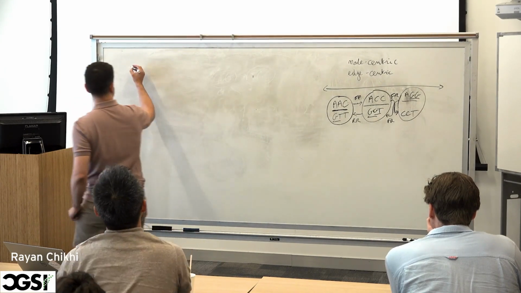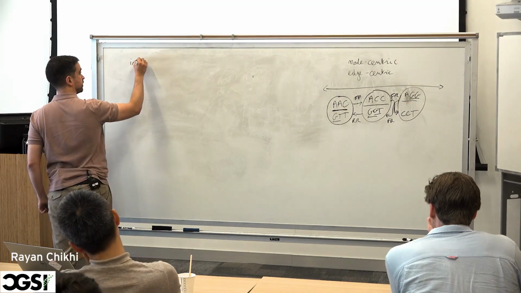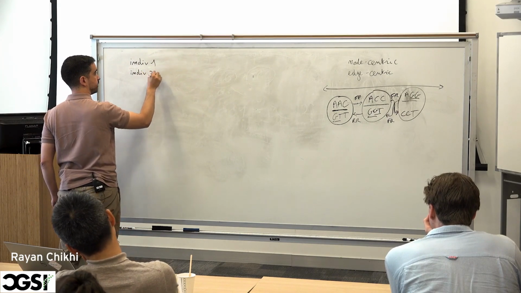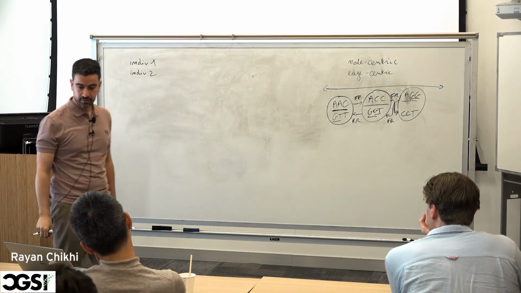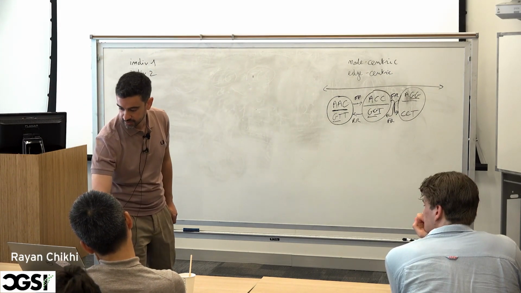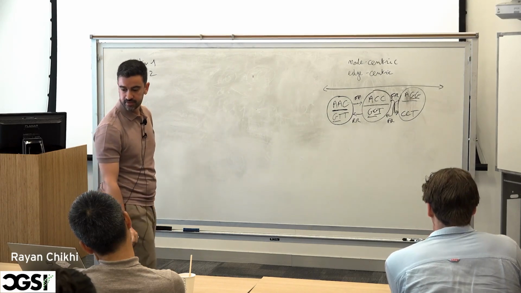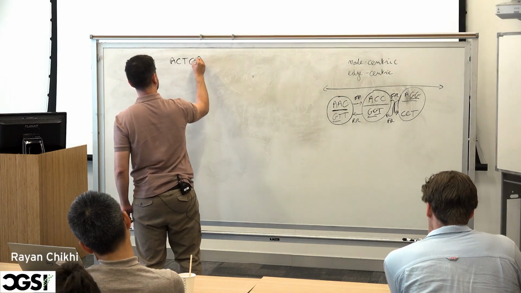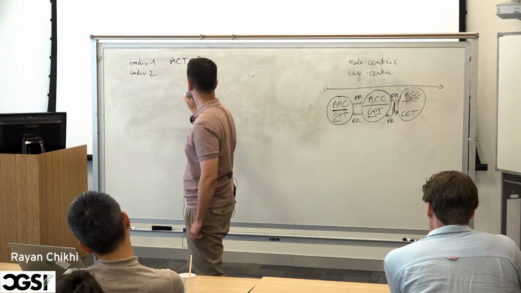Now suppose you have 2 individuals, and both of these individuals have very short sequences, ACTCA and GTCA.